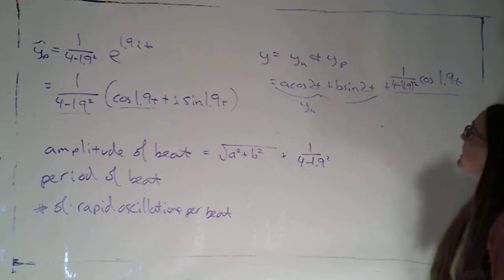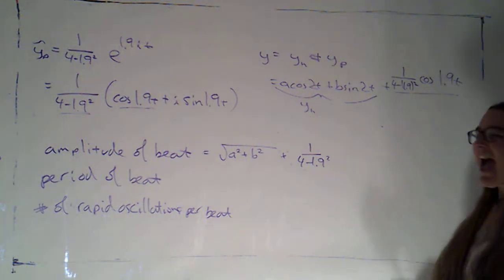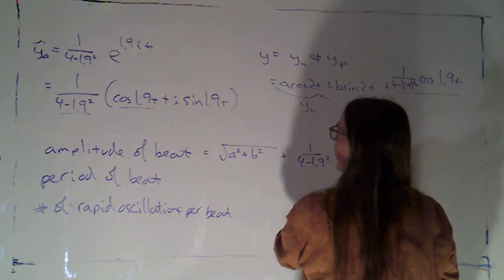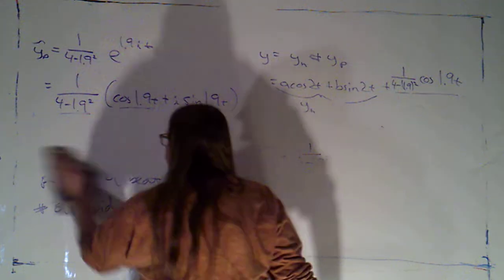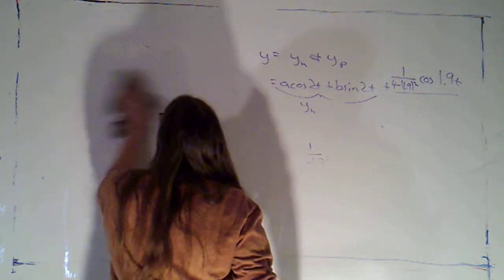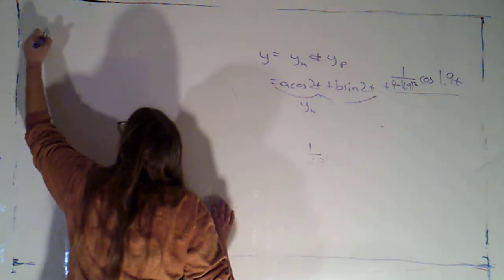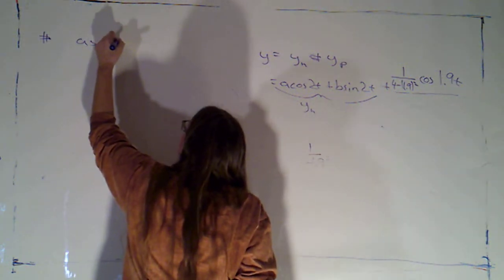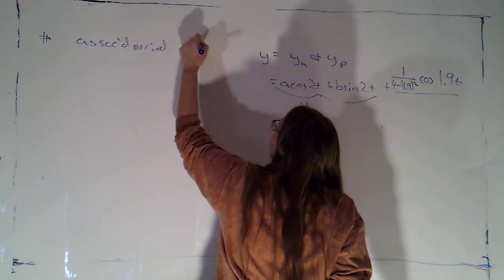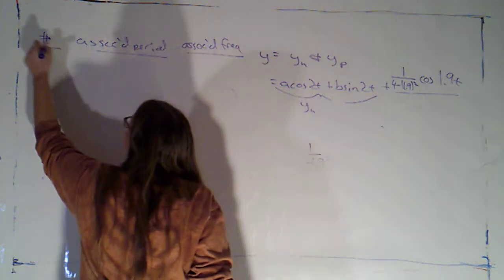Okay. Now, for the period and the rapid oscillations, I find it helpful to just create my little table of values. So I'm going to list the number, the associated period, and the associated frequency, which is just the reciprocal of the period.